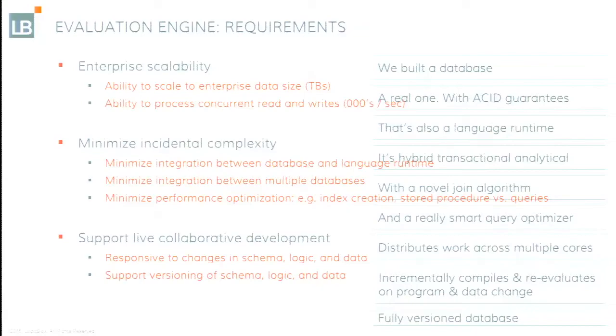And finally, we wanted to be able to support the versioning of your schema and your logic and your data because we wanted to support end users as if we support real developers, where they can actually have checkpoints of their program and their data. So we built a fully versioned database, and this is the part I'm going to get into a little bit more next to look at how we actually use the fully versioned database.